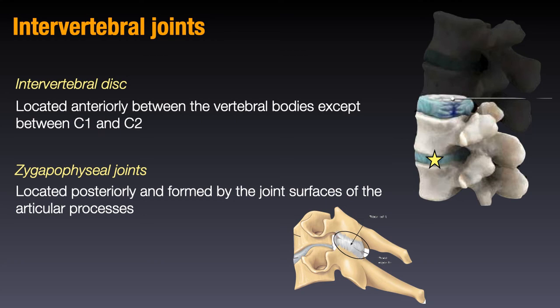You'll see that the articulation between these 2 vertebrae is very particular. And then we have the zygapophyseal joints right there in the circle, located posteriorly among the articular processes.